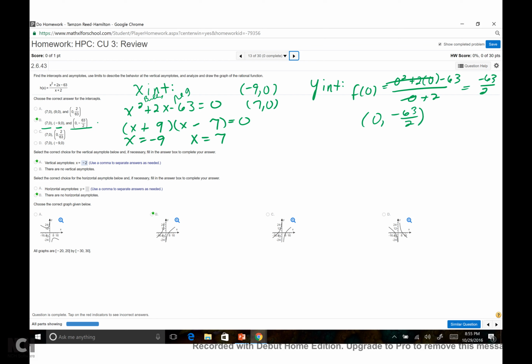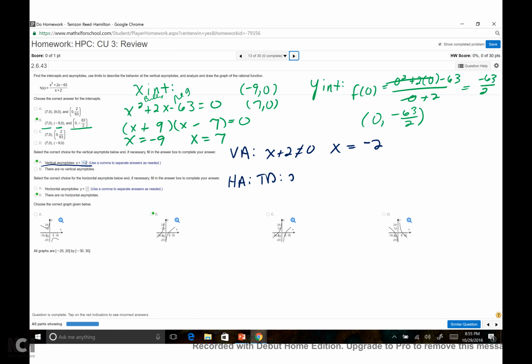Okay. Vertical asymptotes. We set the denominator equal to 0. So x equals negative 2 is my vertical asymptote. My horizontal asymptote, we look at degrees.